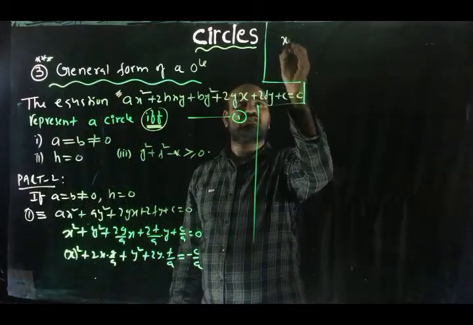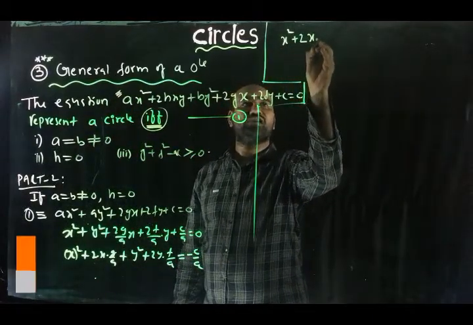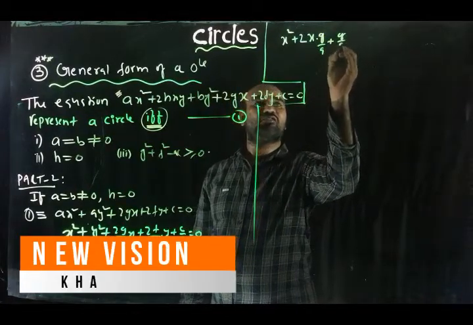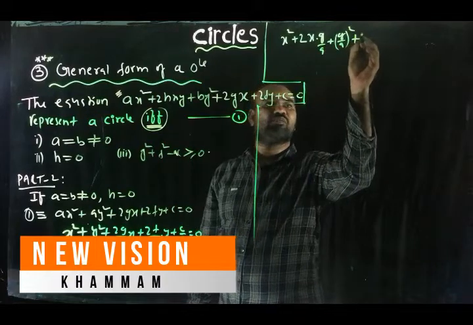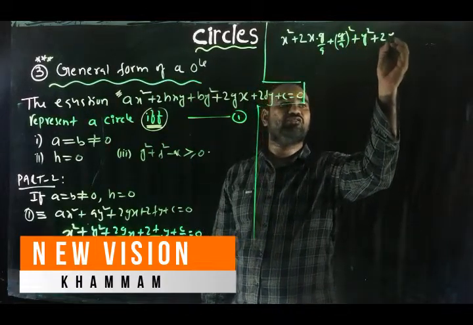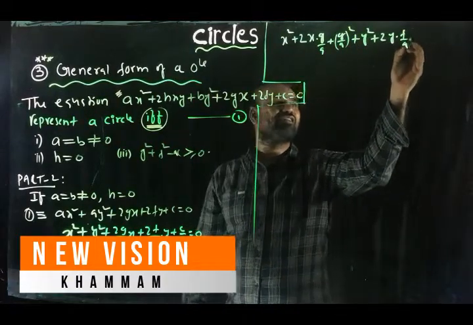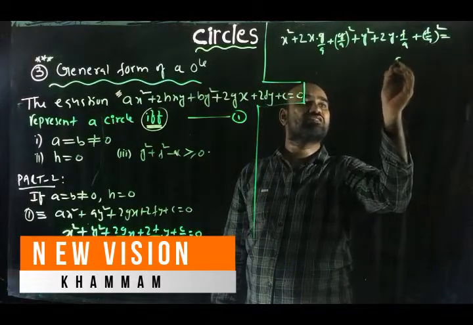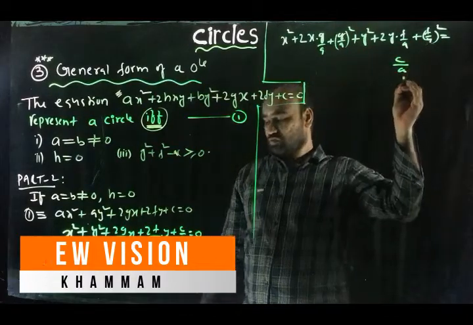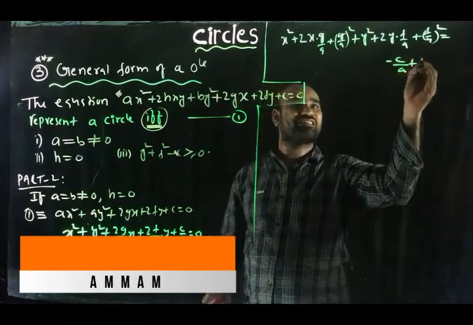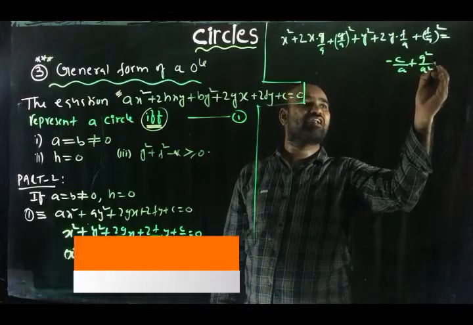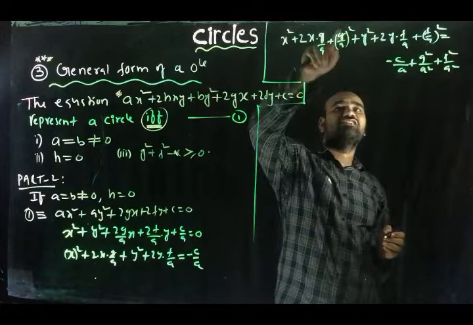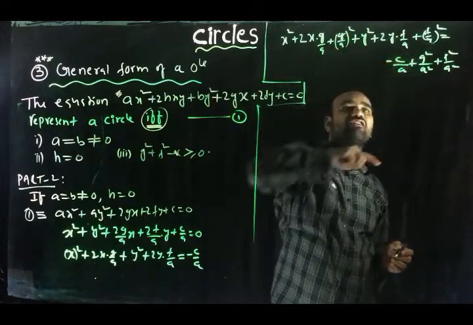So x square plus 2 into x into g by a plus g by a whole square added, plus y square plus 2 into y into f by a plus f by a whole square added, equal to minus c by a plus g square by a square plus f square by a square. Just both sides added g by a whole square and f by a whole square.